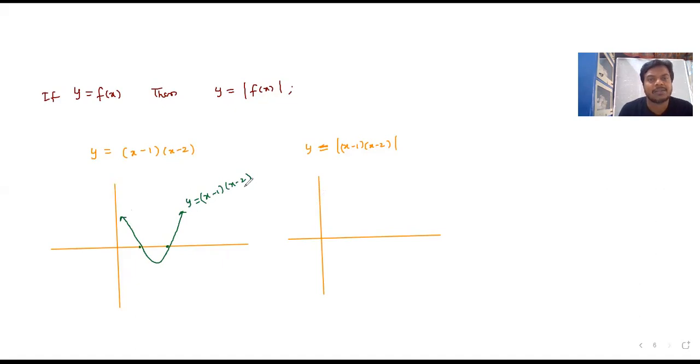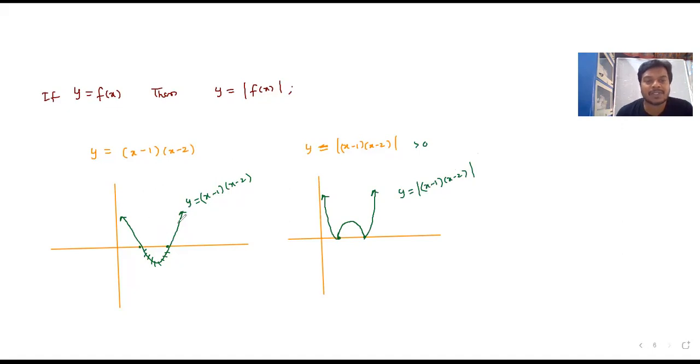When you have the modulus sign, this is always positive, right? Therefore, neglect the negative part in y equal to f of x and reflect it upwards, and the remaining graph stays the same. This is y equal to modulus of (x minus 1) into (x minus 2).